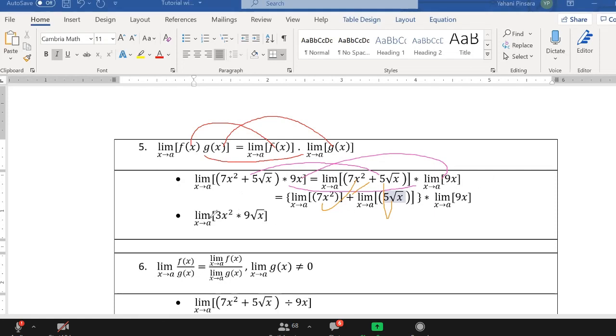I think you can simplify this as well, so I'm not going to go further. No, I'll explain that as well. There is a thing I have to tell. So here, this is fx, this is gx.